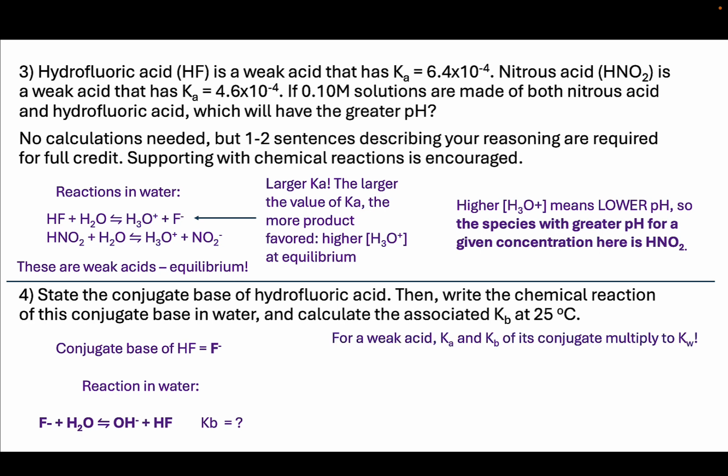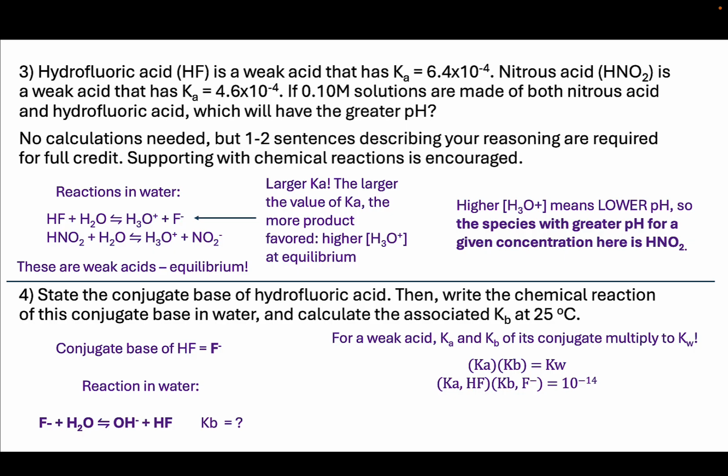Remember that for a weak acid and its conjugate, the Ka of the weak acid and the Kb of its conjugate will multiply to form the autoionization of water. Here it's pretty much just Ka times Kb equals Kw. We can get a little more strict here: this is at 25 degrees C, for which Kw is equal to 10 to the negative 14. Note that it's not the Ka and Kb of the same species.